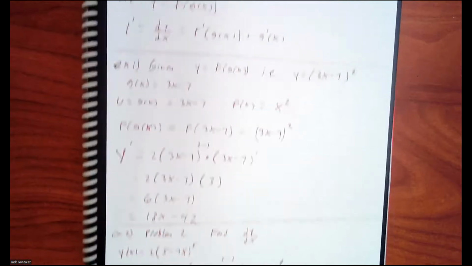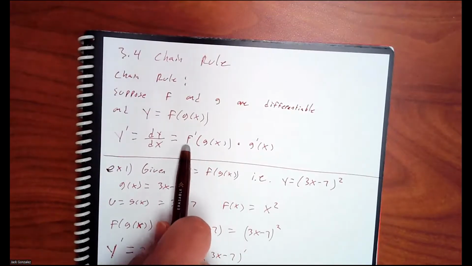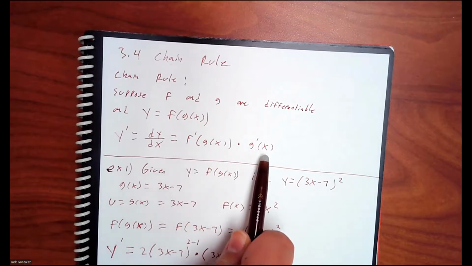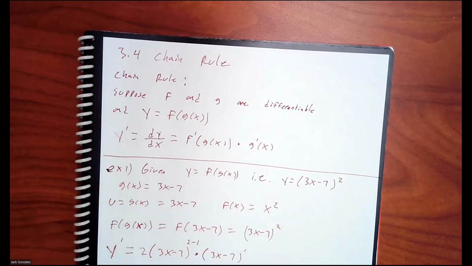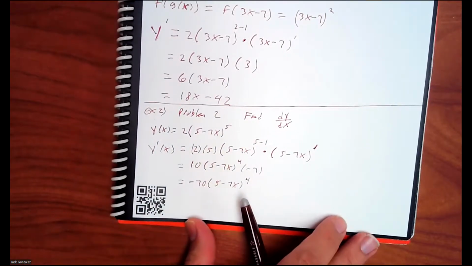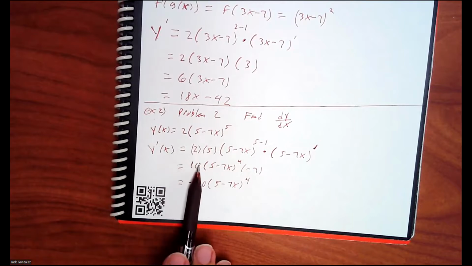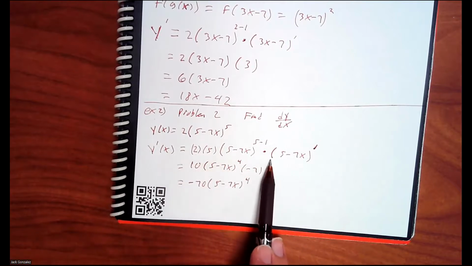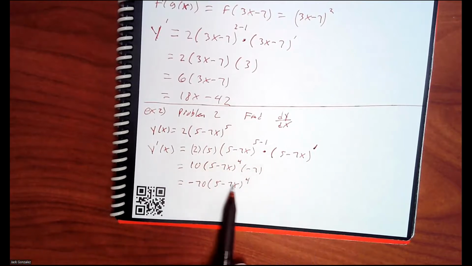So we're just using this formula here. Derivative of the outside times derivative of the inside. Okay. This is the derivative of the outside times derivative of the inside. Simplify. Any questions on 2?